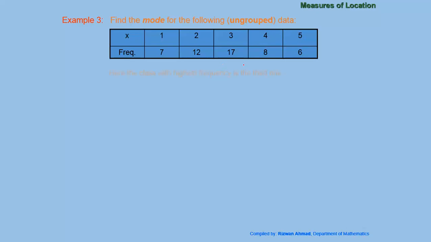The highest frequency is here, 17. So the value across this 17 is 3. Remember, the value across x is the mode, not the frequency. So this is called the modal class, 3, and the mode is 3.